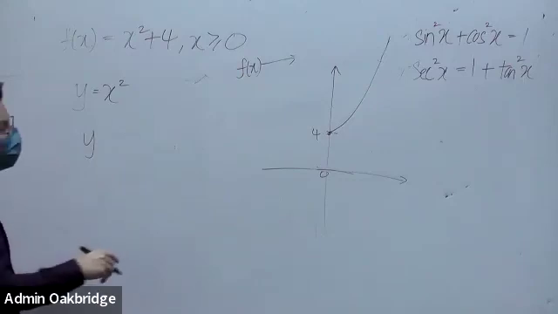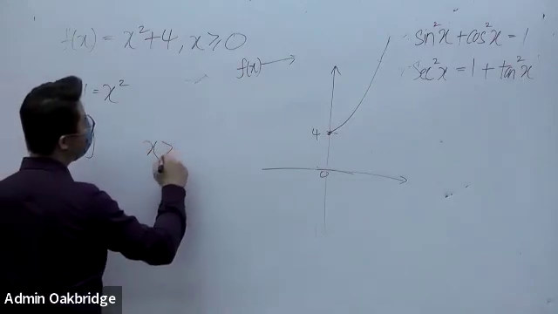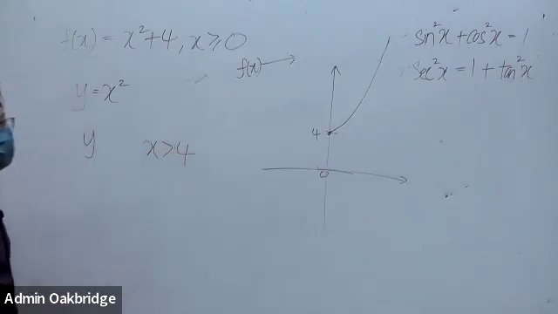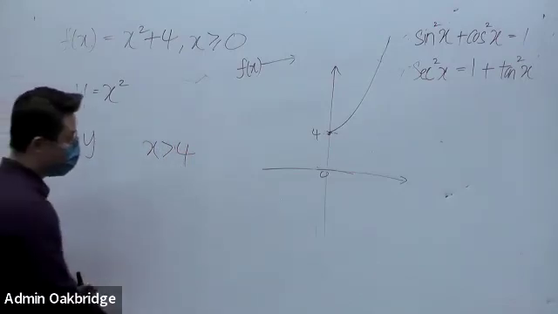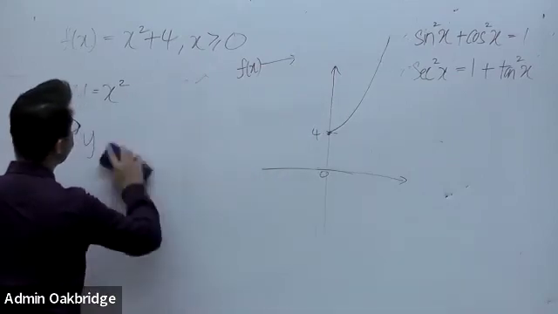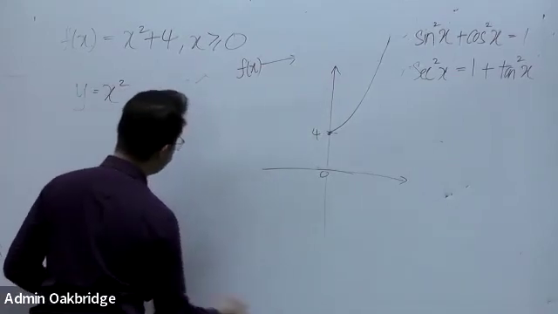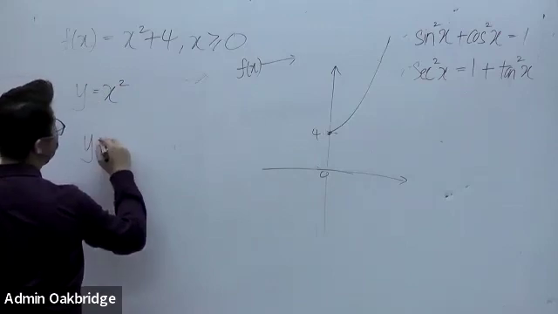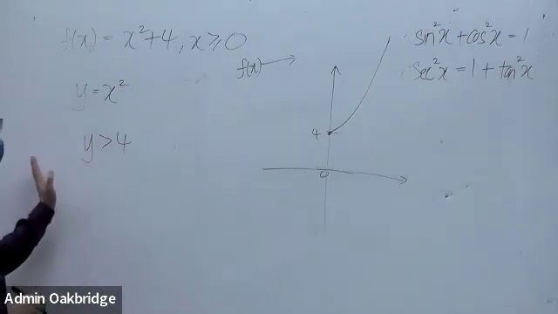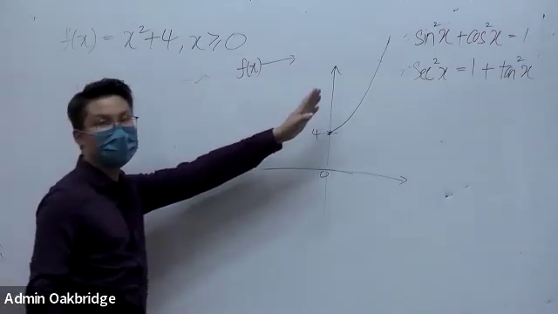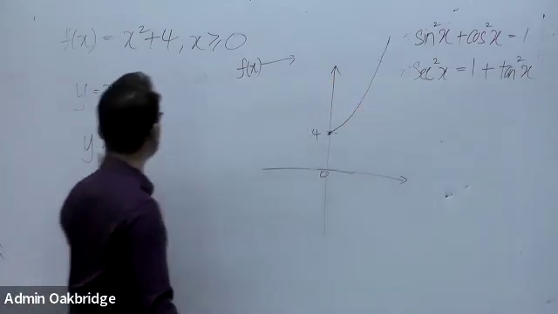Don't write x. If you write x more than 4, it'll be wrong, because this is range, it must be referred to y or f of x. So be careful: your answer must be y more than or equal to 4, that's all. You don't need to write less than something because we don't have any maximum value. Just write more than the minimum.